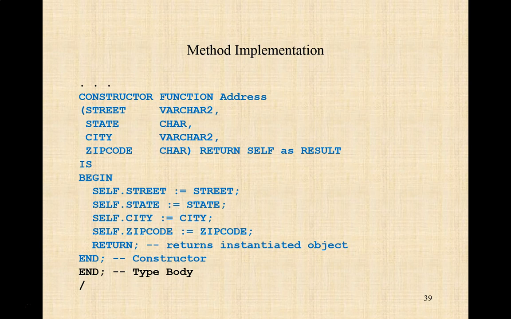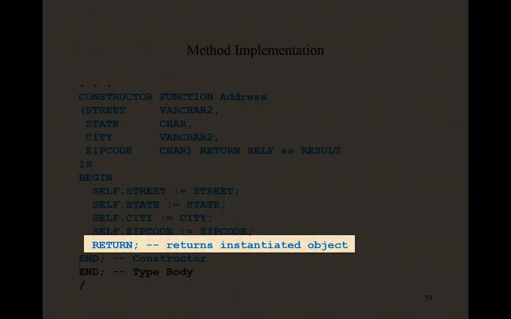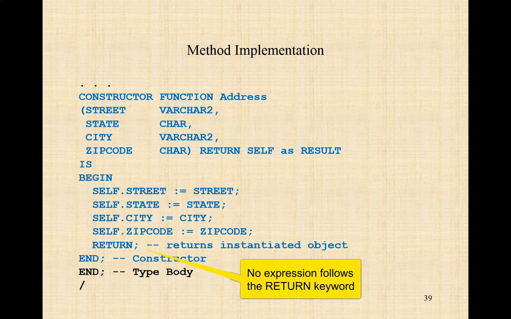Finally, once we've assigned all of the values and the object has been instantiated and initialized, we pass that object back to the invoker. And we do this with a very simple return statement. Notice that in returning the instantiated object, we simply say return. We don't return anything as we did in the other functions.